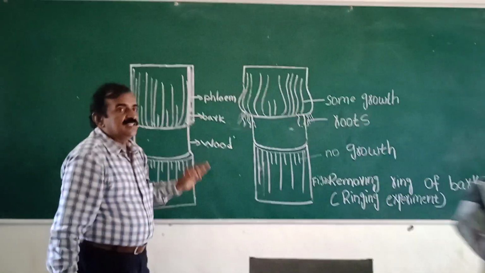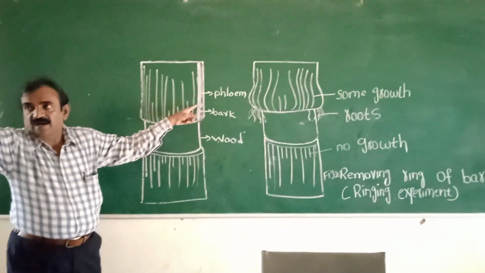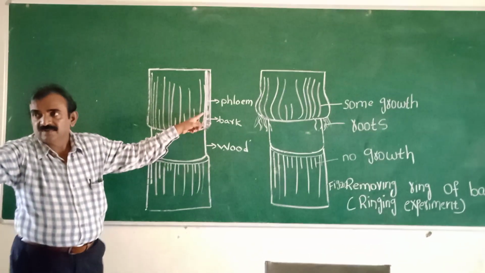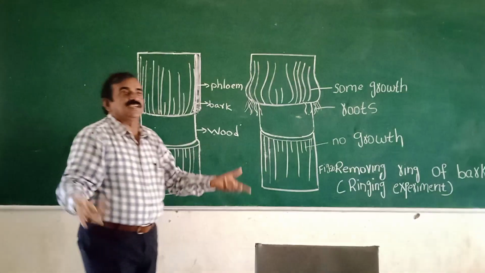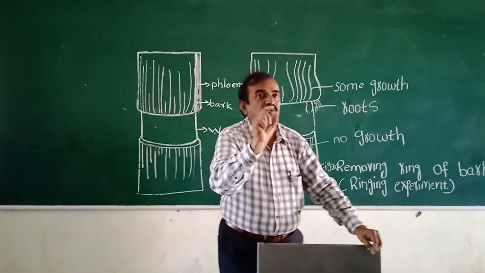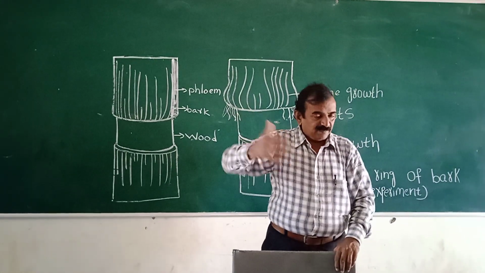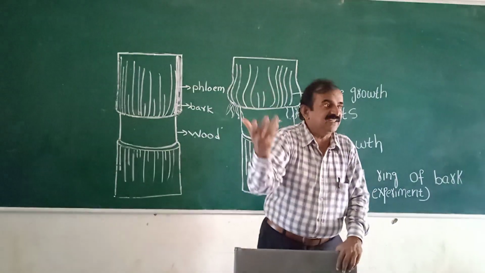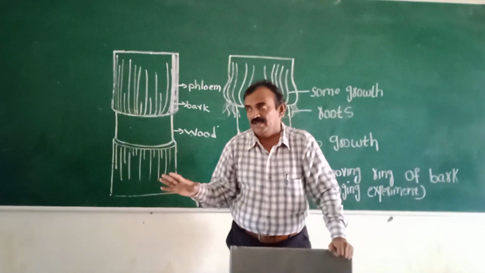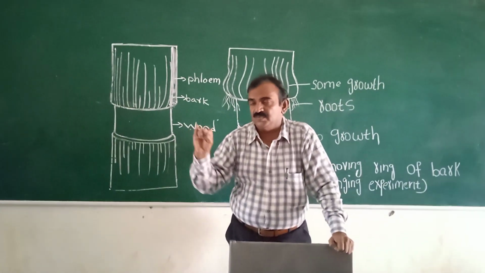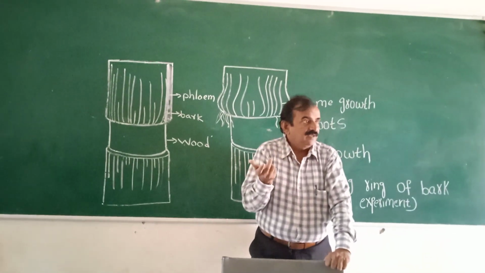So phloem tissues are useful for transportation of food, and xylem cells are useful for transportation of water. Name the tissue useful for transportation of water in plants: xylem. Name the tissue useful for transportation of food: phloem.